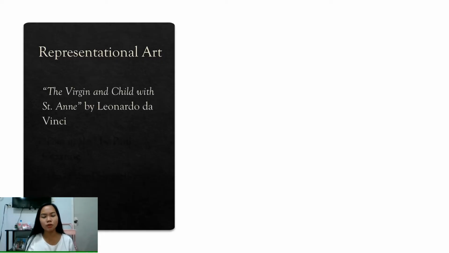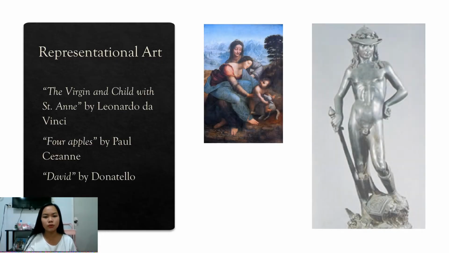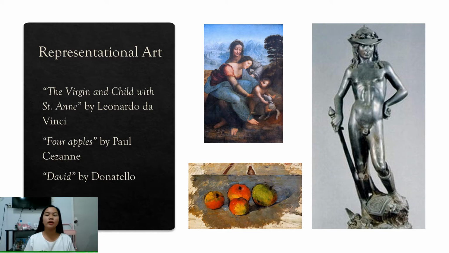So examples of representational art. The first one is the Virgin and Child with Saint Anne. That is a painting by Leonardo da Vinci. So kabalo man siguro mo asa diha ang Virgin and Child with Saint Anne. So naay bata, Mama Mary, and Saint Anne, the mother of Mary.